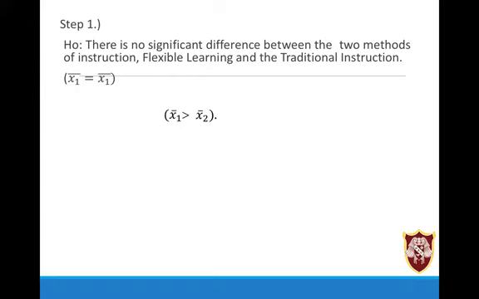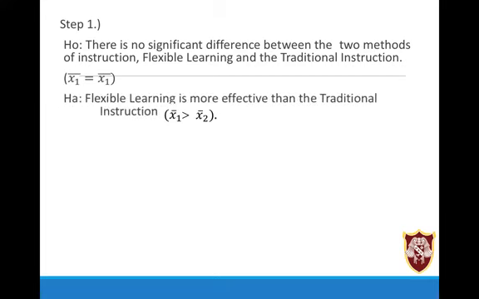That should be bar x of 1 equals bar x of 2. And then for the alternative hypothesis, we say that flexible learning is more effective than the traditional instruction. So that means that bar x of 1 is greater than bar x of 2.